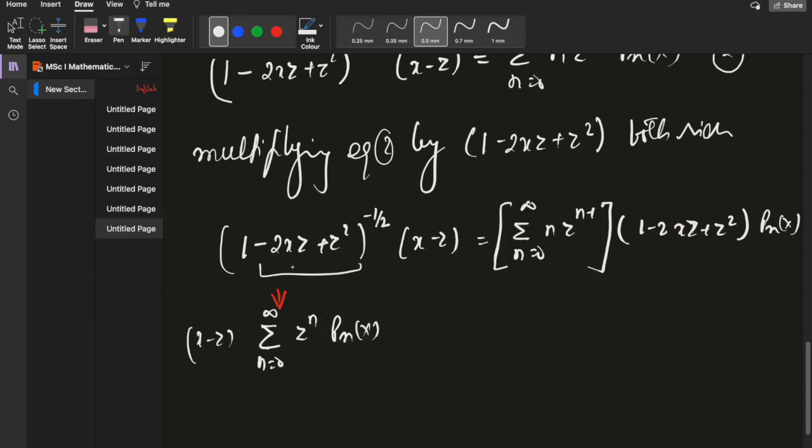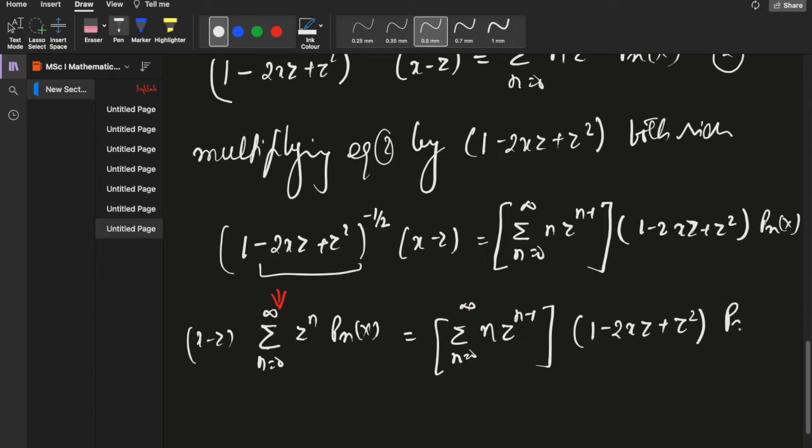Because I know the generating function for Legendre polynomial is (1 minus 2xz plus z square) to the power minus half, which is equal to summation n tends to 0 to infinity z to the power n Pn(x), and this is equal to summation n tends to 0 to infinity n z to the power n minus 1 (1 minus 2xz plus z square) Pn(x).